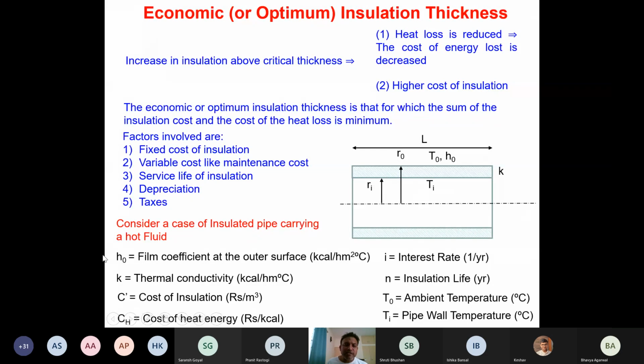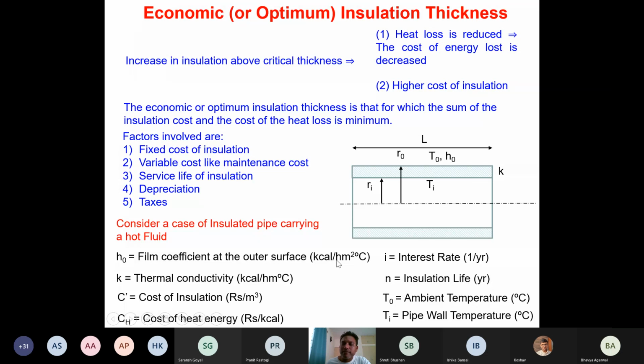Again, what are the different factors? H naught is the film coefficient at the outer surface. It is defined in kilocalorie per hour per meter square per degree Celsius. You can have SI units also, but if you use kilocalorie, you will get the values in kilocalorie units, with per hour.